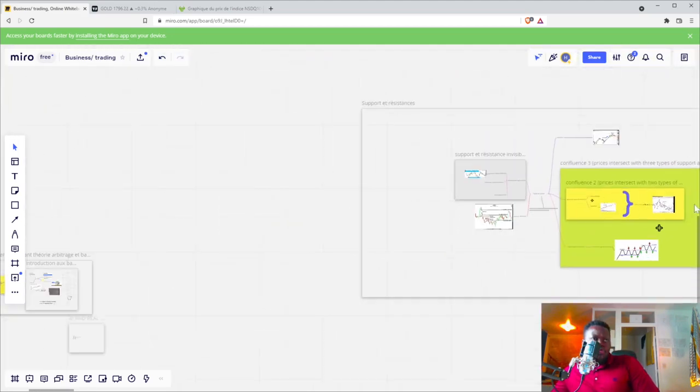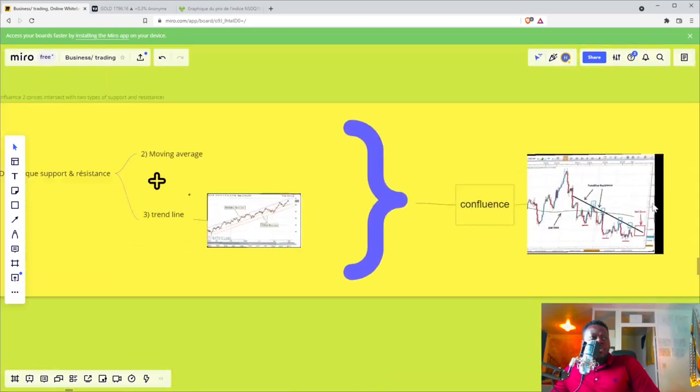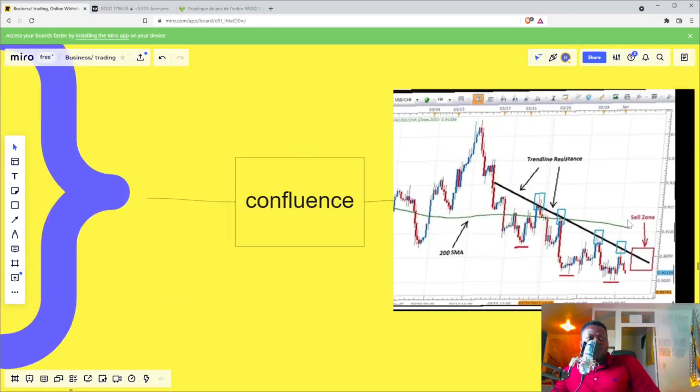Also, you can have some kind of combo too. The combo is when the price crosses more than one resistance. It can be resistance or support for sure, but more than one. The price hits this trend line resistance and also the SMA resistance too.